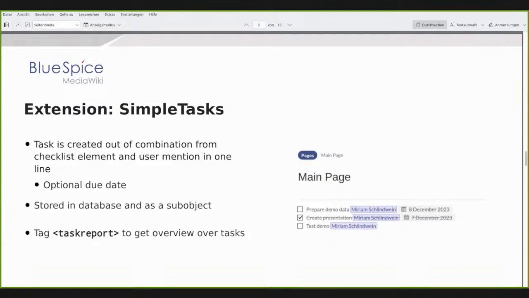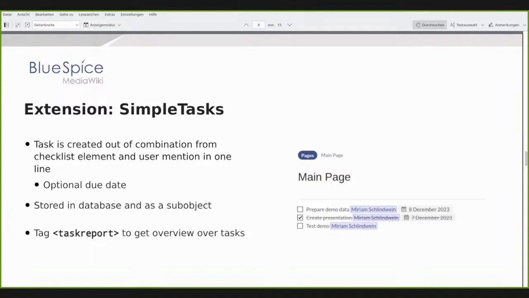So the task is created out of a combination with the checklist element. Then you will need a user mention in the same line as the checklist, so that it's assigned to someone. And the due date is optional, so that's not required to create a task, but it's probably good practice to set a due date.